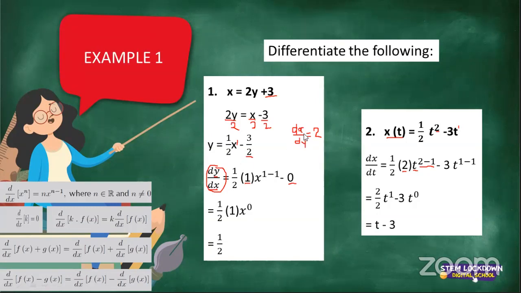But if it's dx dy, it means I just take the function as is because I have x in terms of y. So my output is x, my input will be y. So you're differentiating x with regards to y.